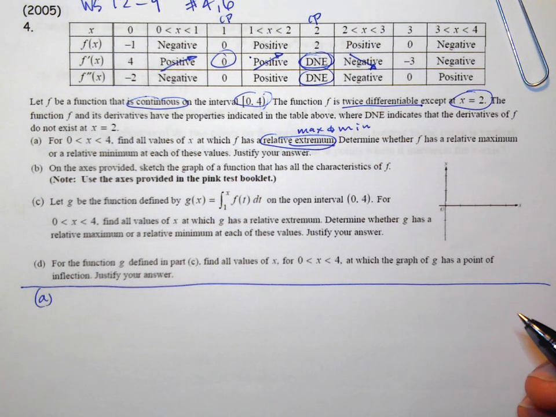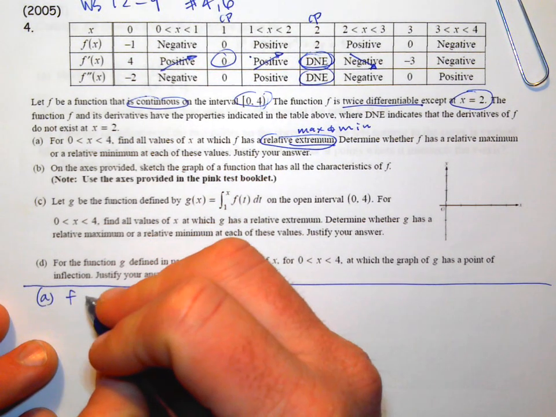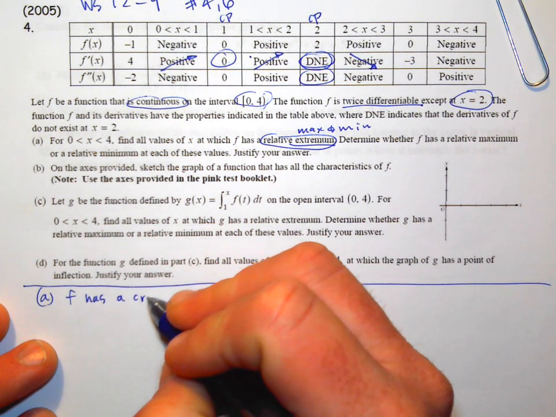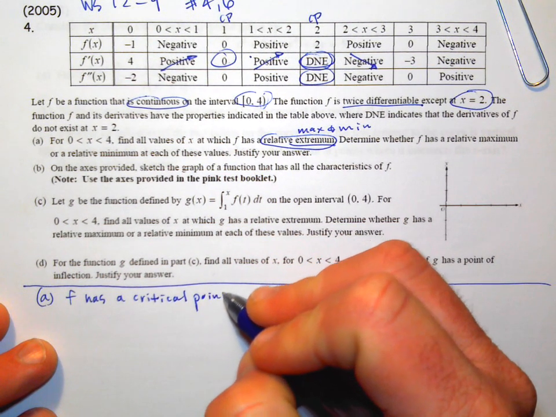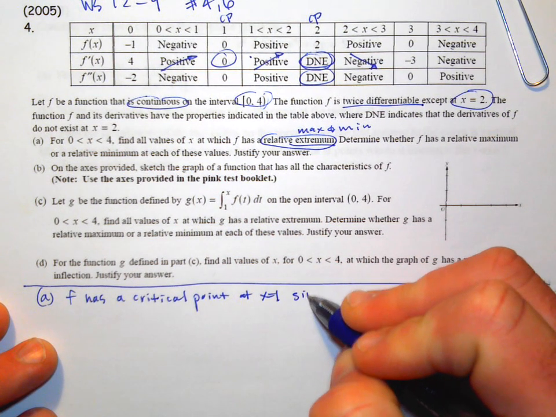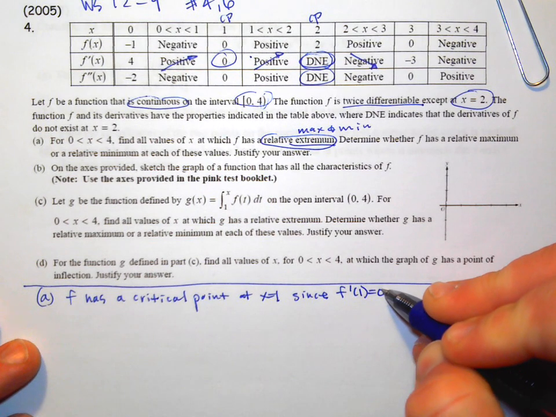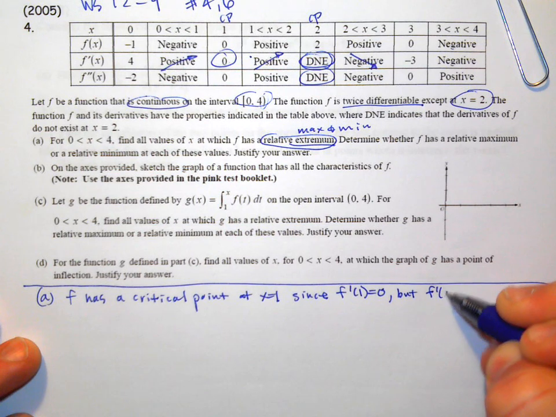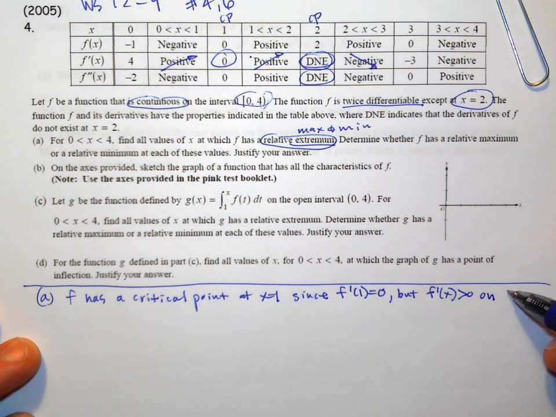I mean, everything we wrote on that table probably isn't going to help us. So we're going to say f has a critical point at x equals 1 since f prime of 1 equals 0. But f prime of x is positive on the interval directly to the left, which I'm going to call 0 to 1.